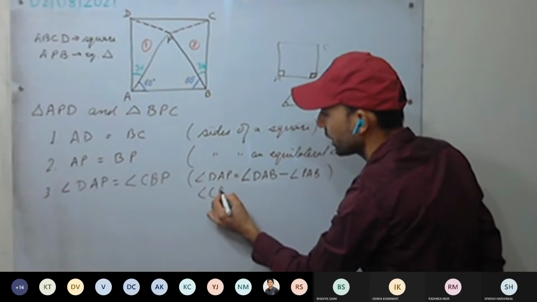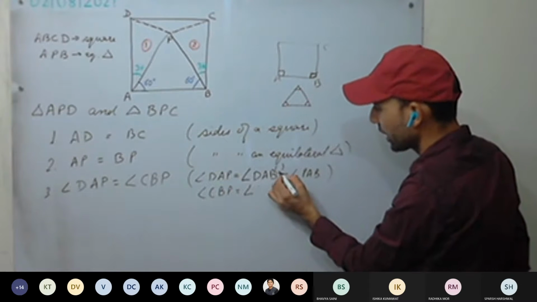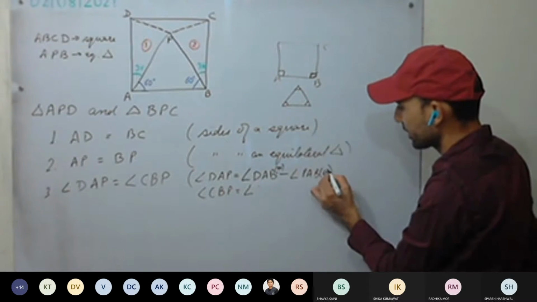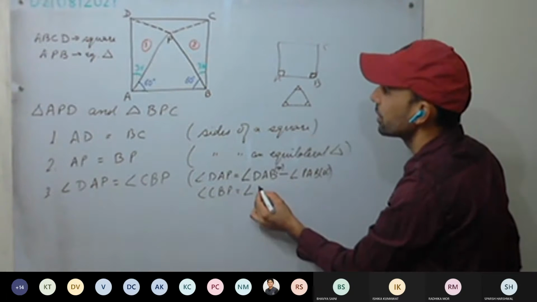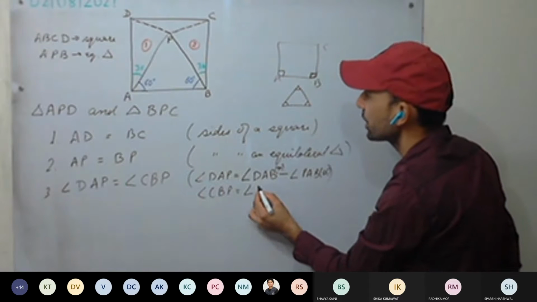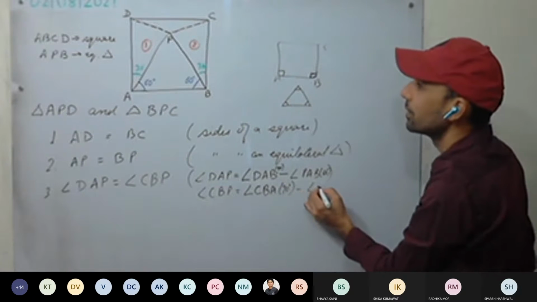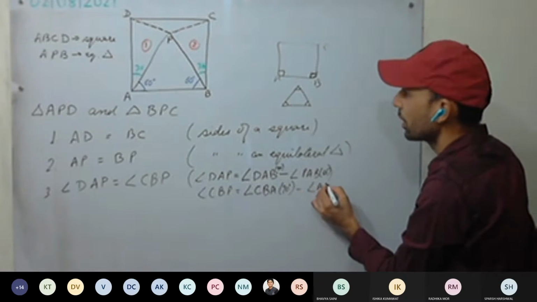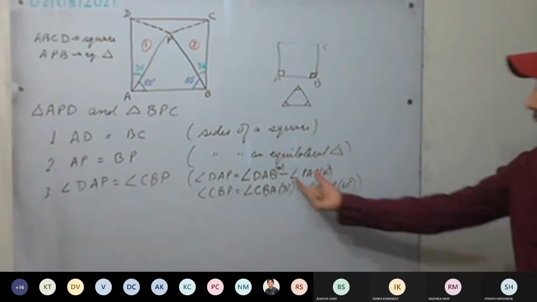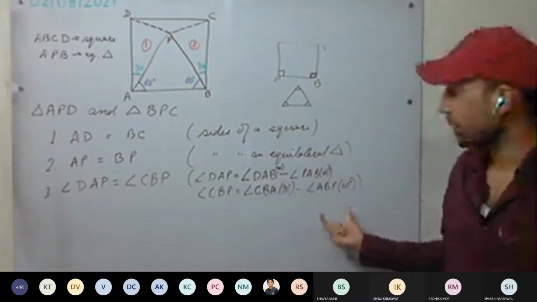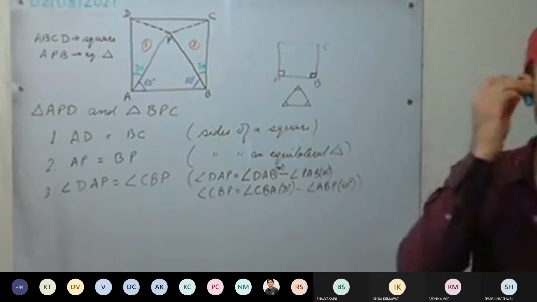Angle CBP equals angle ABC, in brackets 90 degrees, minus angle ABP, that is 60 degrees. You can write like this, or calculate it separately and put it from there. Understood this one?